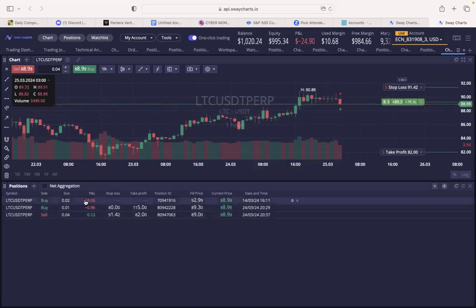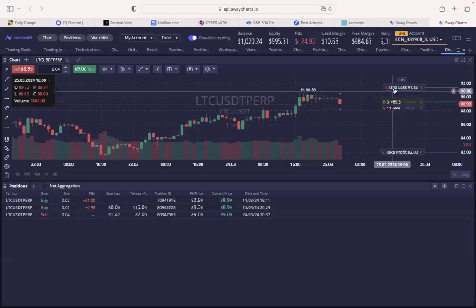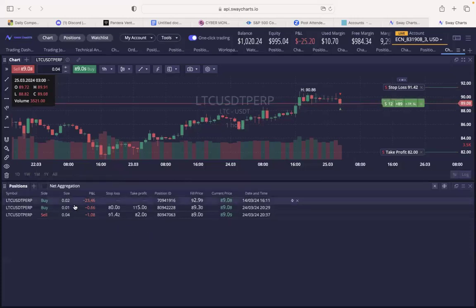And then, once it hits, your target is going to automatically close, or you can always come here, click on the stop loss, and adjust it. Or when you are closing it, let's say you have a 0.04 size, this is your position size.